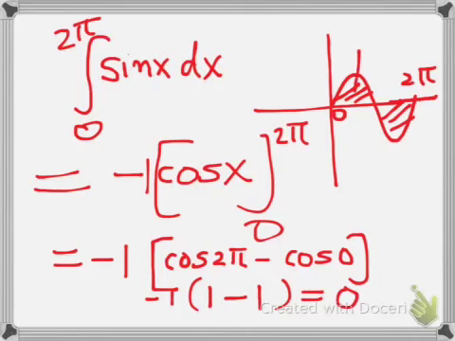So if I have an A1 here and A2 here, the curve goes above the x-axis, and it's a symmetric function, so the same amount goes below the x-axis as well. But A2 is negative because it's below the x-axis. So A1 and A2 cancel out, and you get area as 0 here. So your area is 0 in this case, and this area is actually called the net area.